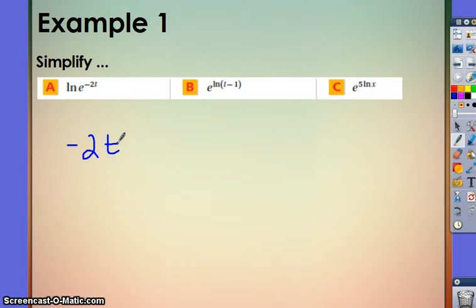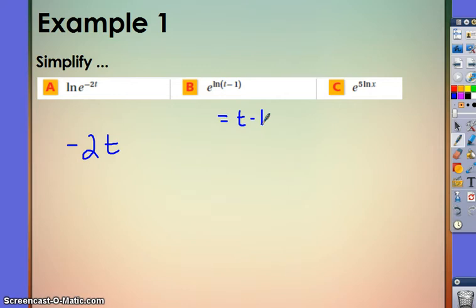Here we have the exponential version of this, e to the ln of t minus 1. Our answer here, if we evaluate it, would be t minus 1.